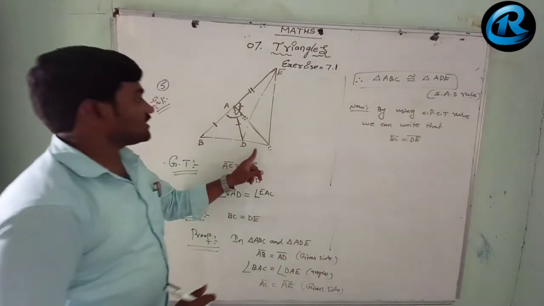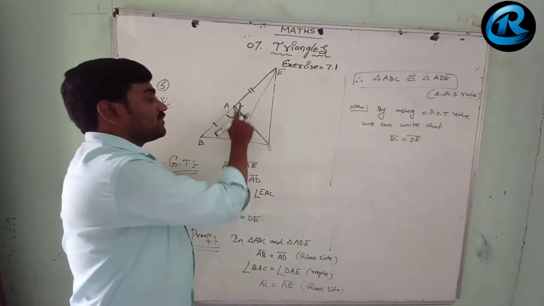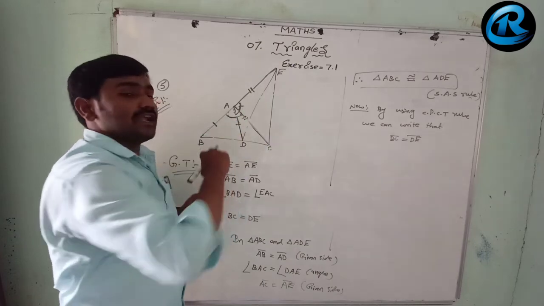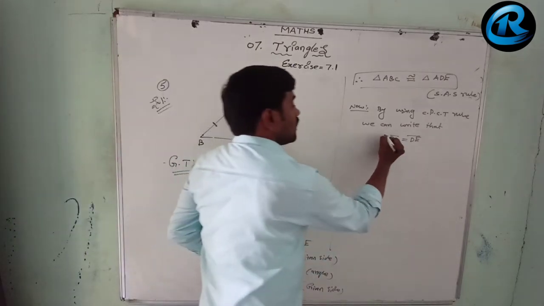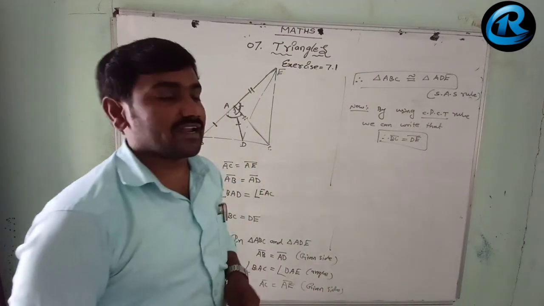Why? Because BC and DE are corresponding parts of congruent triangles ABC and ADE. So these two are equal by the rule of CPCT, corresponding parts of congruent triangles.